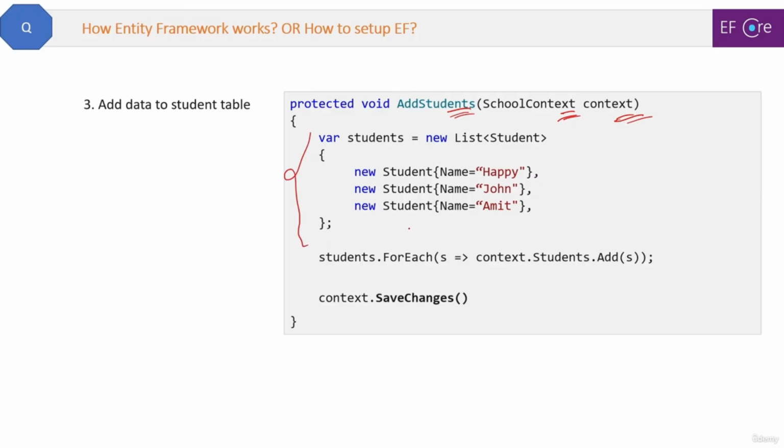In the list you can add the students, and then with the help of this foreach loop and the LINQ query, you can add the items to this students list. Okay, and finally the SaveChanges method will commit the changes and send them to the database. That's it. This is the basic code structure for setting up Entity Framework for inserting student data in the database. That's the whole idea.